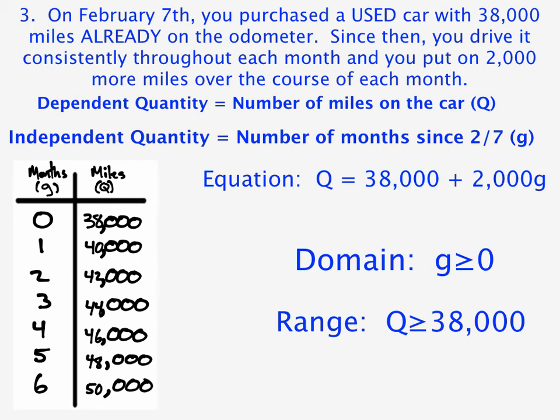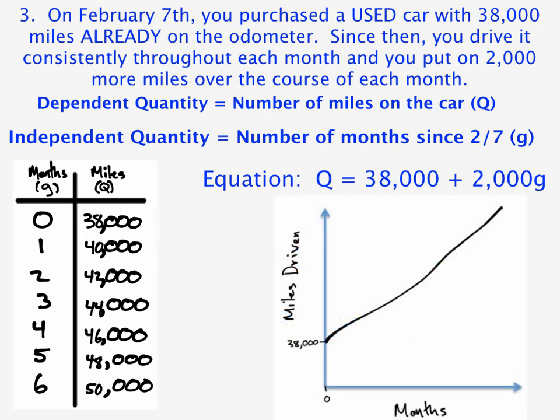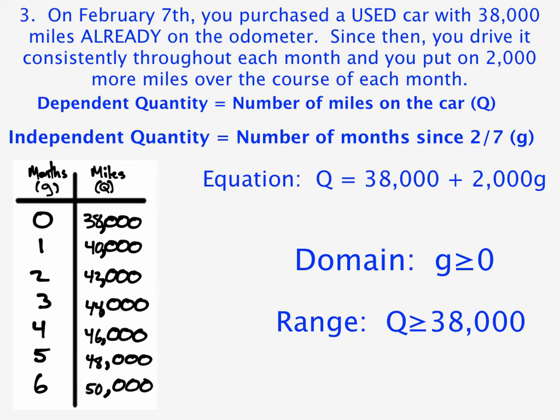2 things of note. First, the domain and range. Since this relationship could be best described with a continuous graph, a connected graph, our domain and range are not just going to be lists of individual numbers, they're going to be intervals, so they're best captured by inequalities. In this case, the domain g is greater than or equal to 0, and the range q is greater than or equal to 38,000.